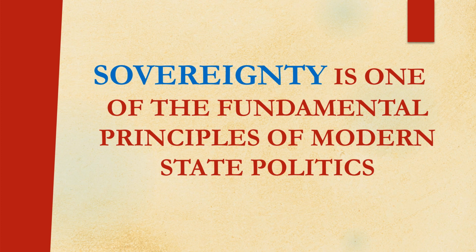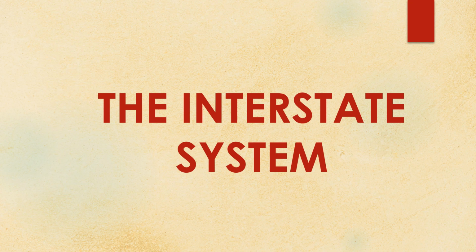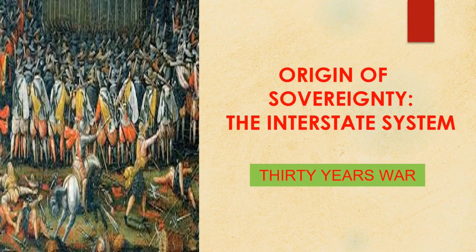So we will tackle the origin of the present-day concept of sovereignty. Again, sovereignty means freedom or independence. The interstate system can be traced back to the Thirty Years' War, which started in 1618 and ended in 1648.